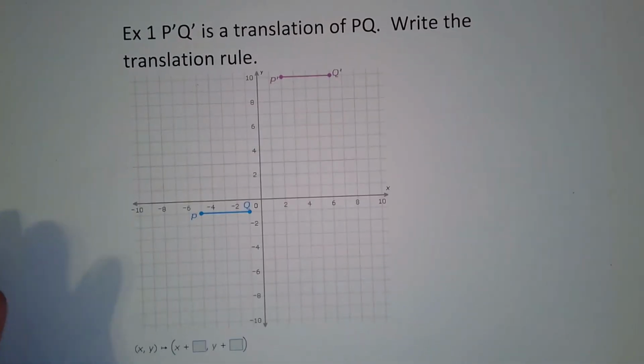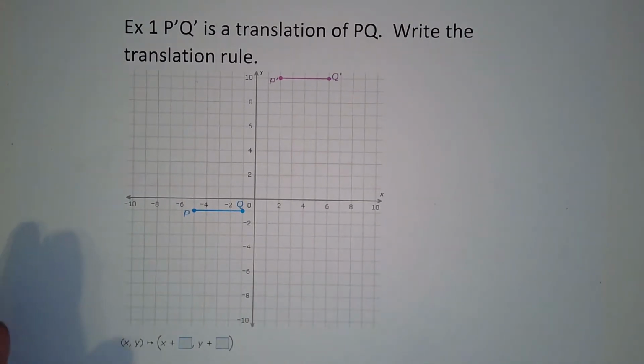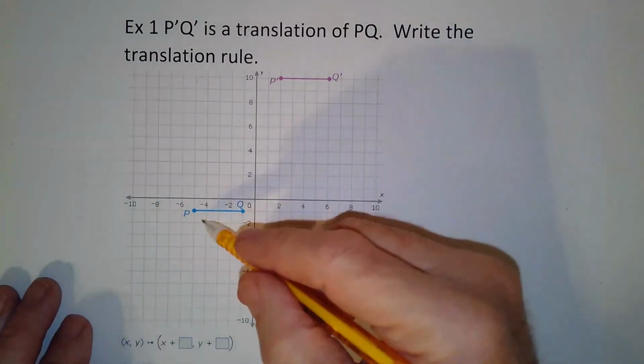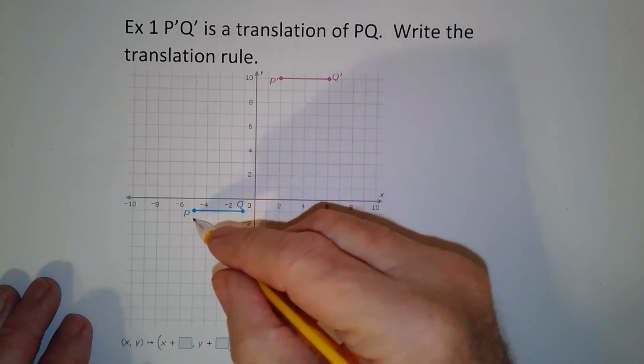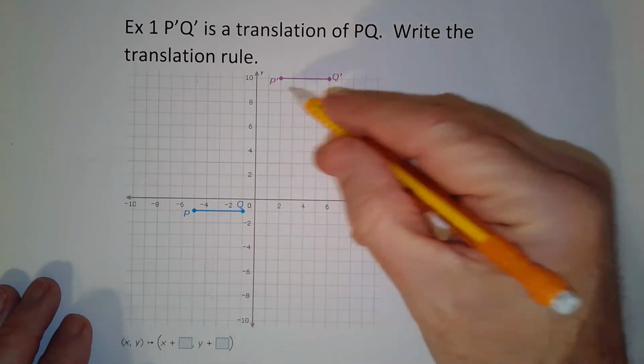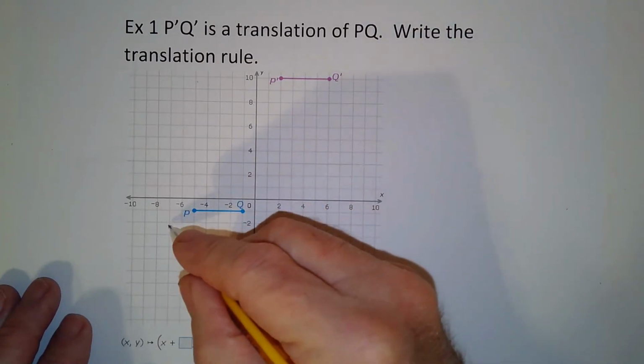Okay, all right. So let's go to our example. Now, this is the one and only example, but because of these involved rules, we have to go through this and make sure that we understand what we're doing. So first of all, I'm going to write the coordinates for P and Q and P prime and Q prime. I'm going to do that down here.